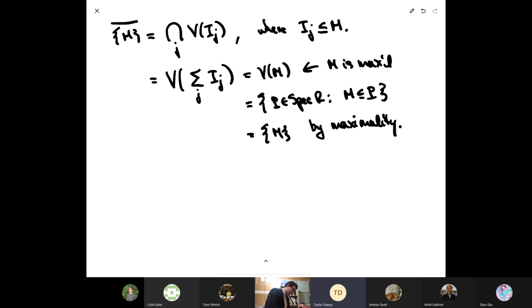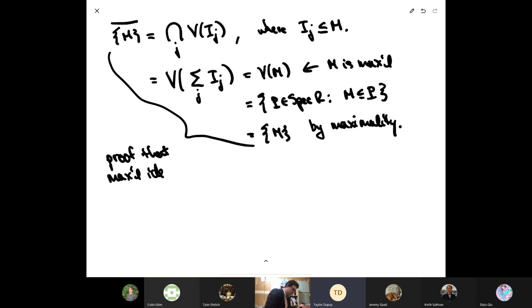Okay, so this is a proof that maximal ideals give closed points of Spec R.